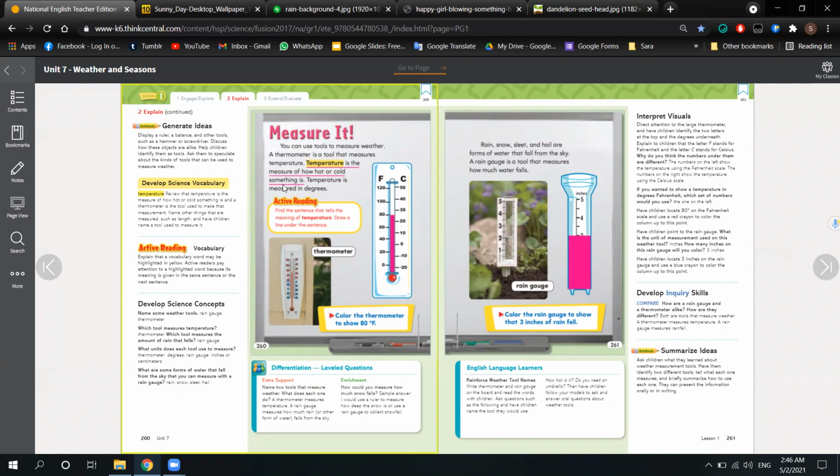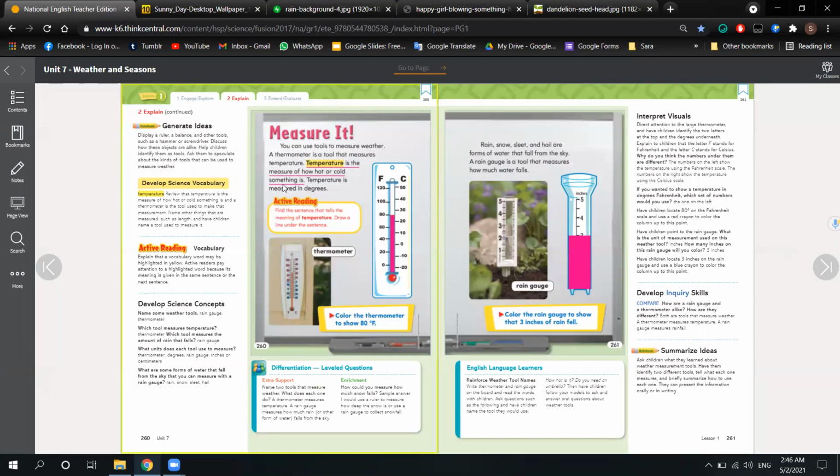Like today, it was around 34 degrees. So when we say it's 15, it's not hot, it's cold, right? Due to the number. When the number decreases, the weather is going to be cold, and when the number increases, it's going to be what? It's going to be hot.